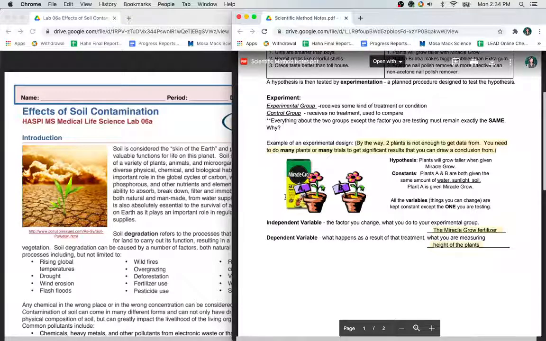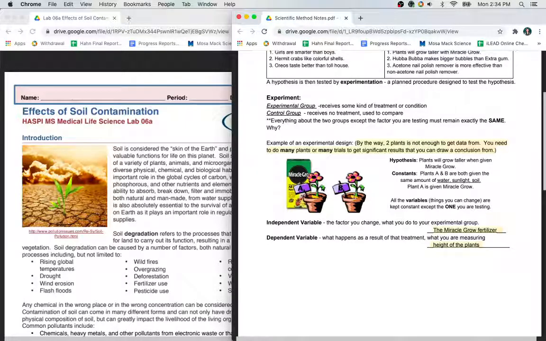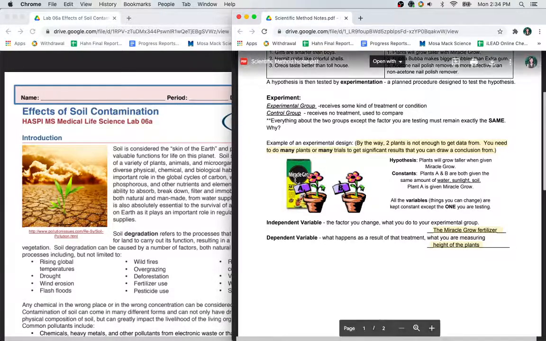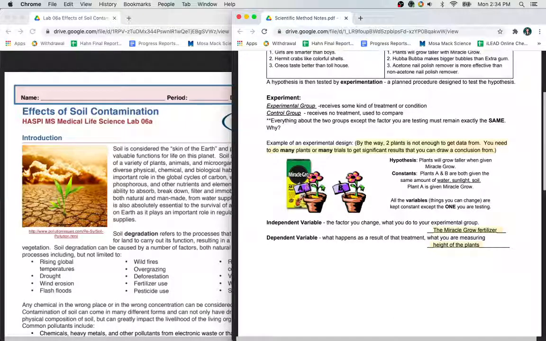One group of plants would get the Miracle-Gro, and ideally I would do different concentrations of the Miracle-Gro, and then the other group would be our control, and that would be the plant that doesn't get any Miracle-Gro, so that I could compare the one that got the treatment versus one that didn't get the treatment, so I can see, did it really help it grow or not. The control gives it some sort of comparison.